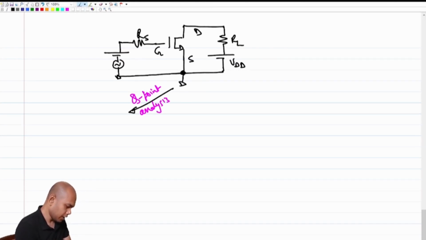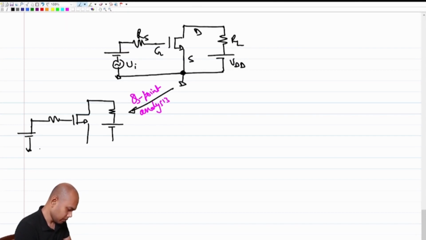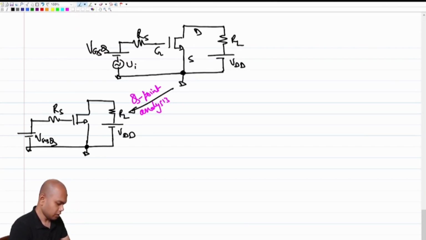So what should we do? We should get rid of the incremental or any incremental stuff. So this is what we are left with. Right, from here what will we find?